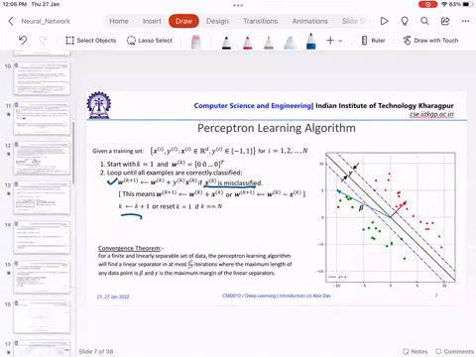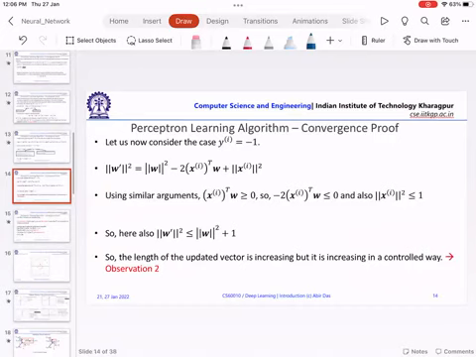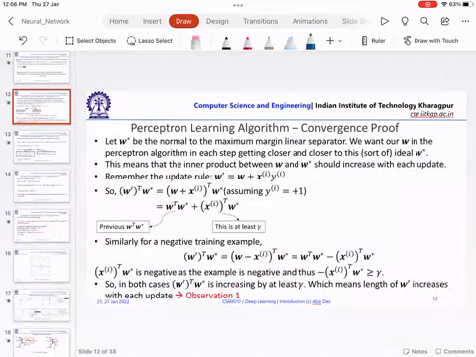So let us go to where we were in observation 1. We found two observations.